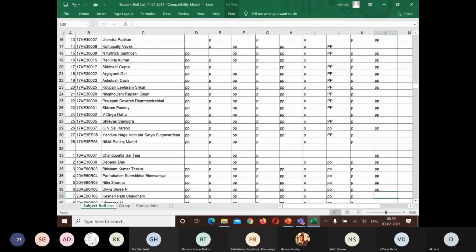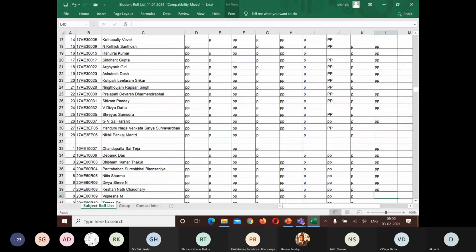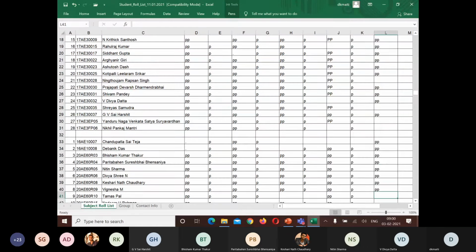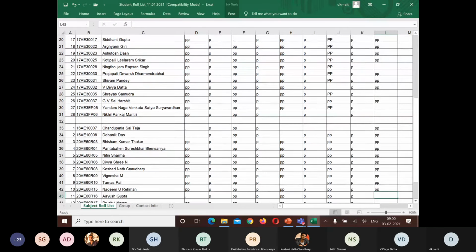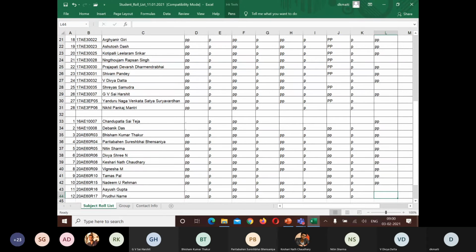Kesrinath Chaudhary, present, sir. Vignesha, yes, sir. Thomas Pal, yes, sir. Nadim Rahman, present, sir. Aish Gupta. Prithvi Nanne, present, sir. Aish Gupta is not there today, no?